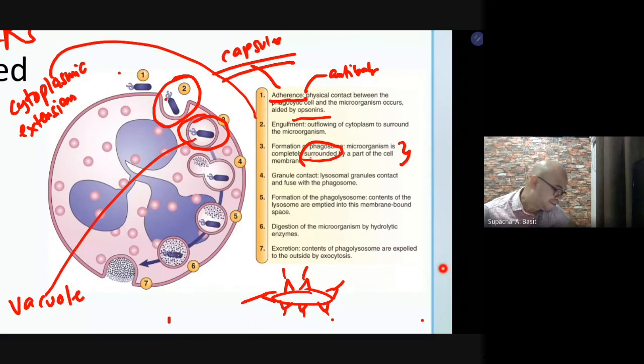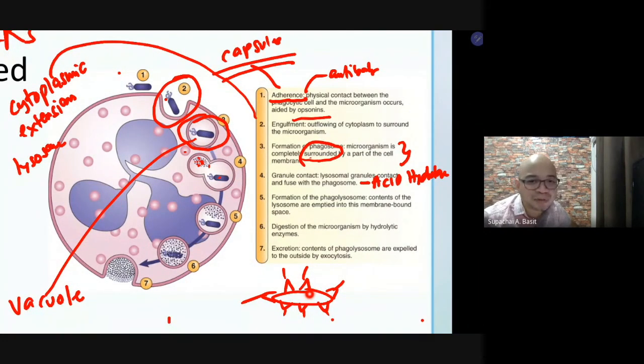Beside the phagosome, as you can see here, there's another organelle known as the lysosome. The lysosome will be degranulated once the pathogen comes into contact, and it will now release its content. By the way, the content of the granules is acid hydrolase.